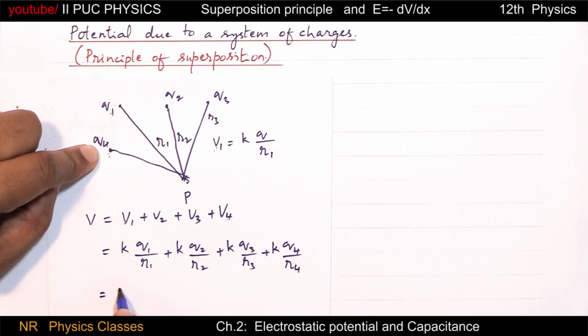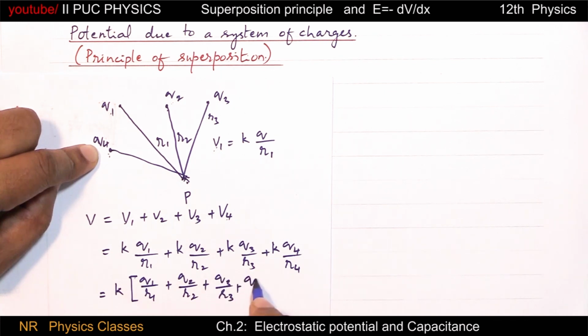So we can take the common factor K. The remaining is Q1 by R1 plus Q2 by R2 plus Q3 by R3 plus Q4 by R4. This is the resultant potential.